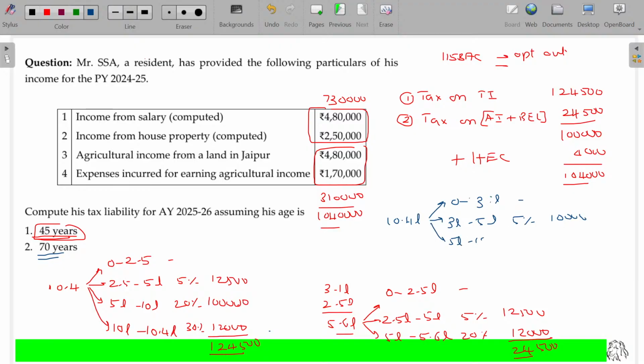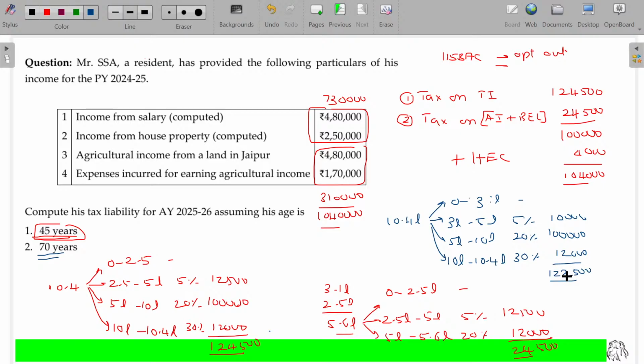From 5 lakhs to 10 lakhs, 20% rate will be applicable, which is 1 lakh. Beyond that, up to 10.4 lakhs, 30% will be applicable, which is 12,000. You see that the value being 1,22,000.